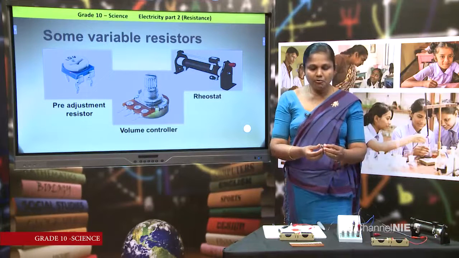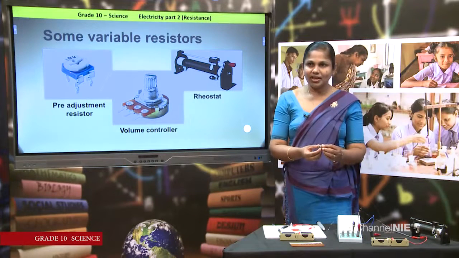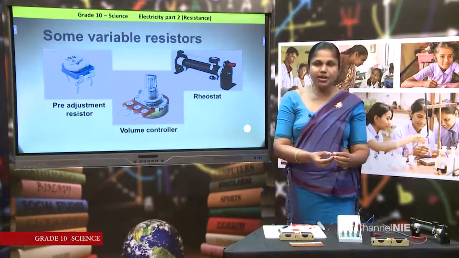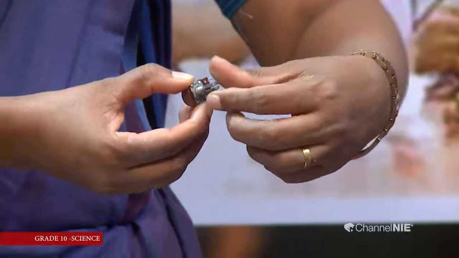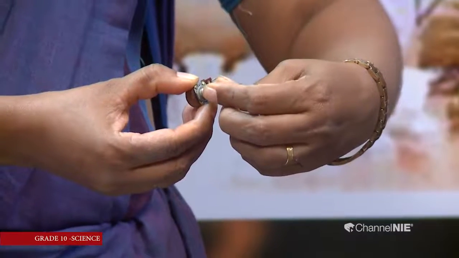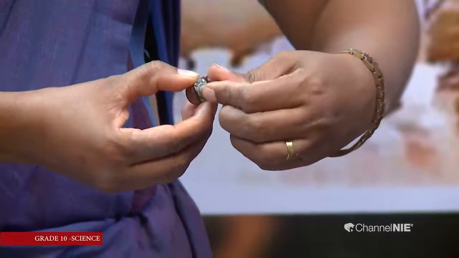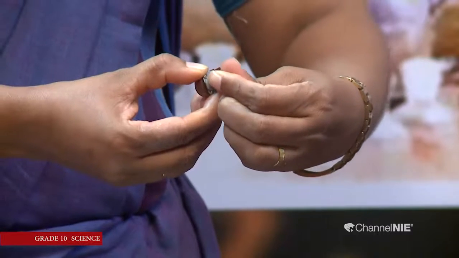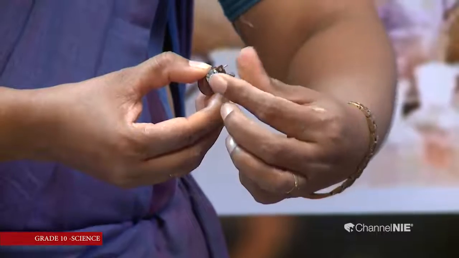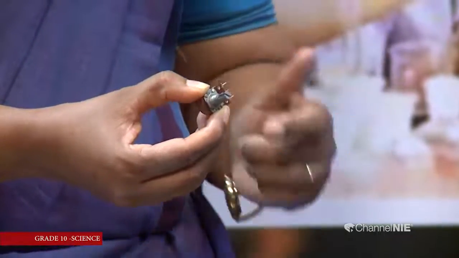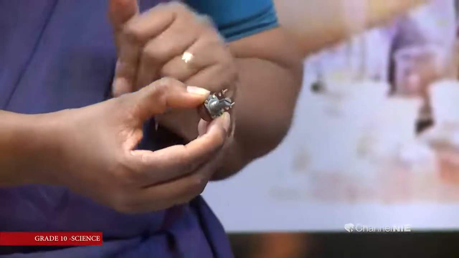This is called a volume controller, children. You may have seen this in your cassette players. When you rotate this to control the volume, actually by rotating, we change the resistance here.